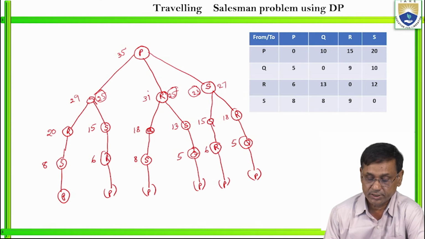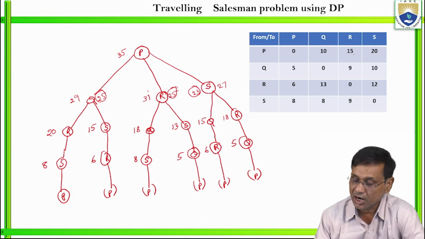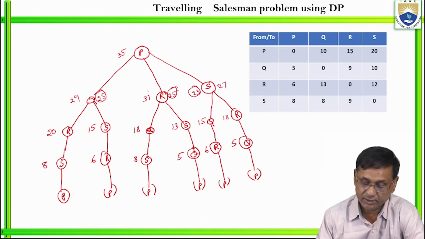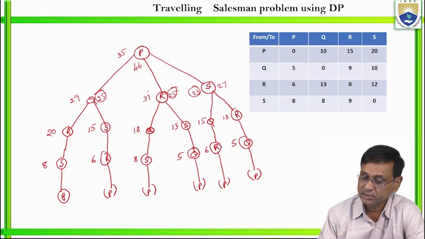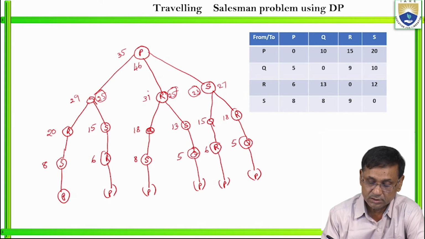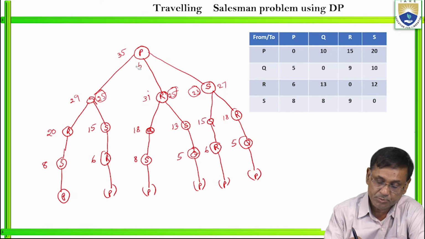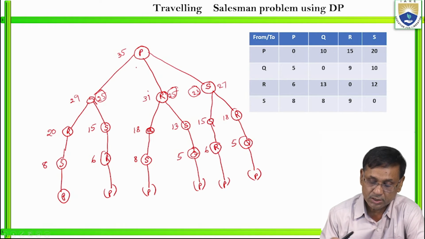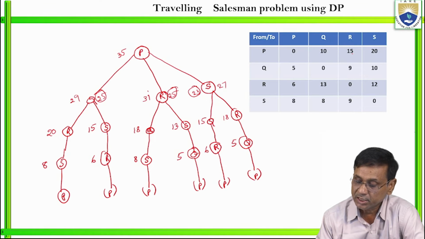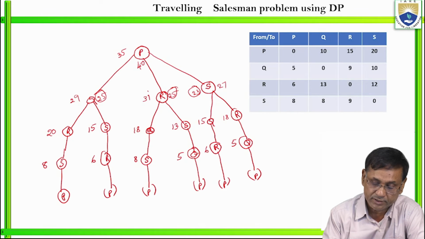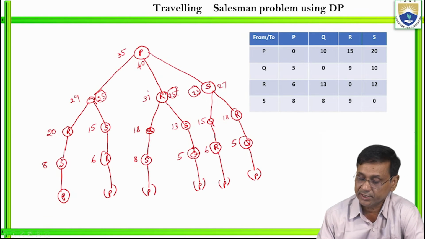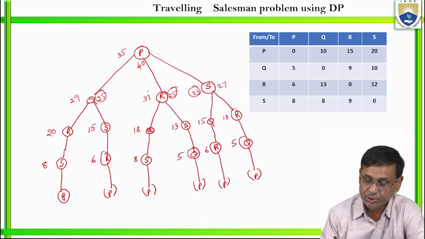Then P to R is 15. 15 plus 31 is 46. In this we have to take the minimum. So the minimum is 25 again here. So P to R is how much? 15. 15 plus 25 is 40. Then P to S.